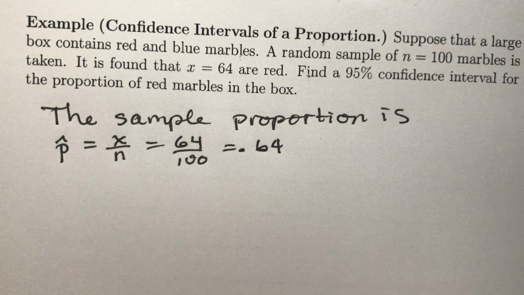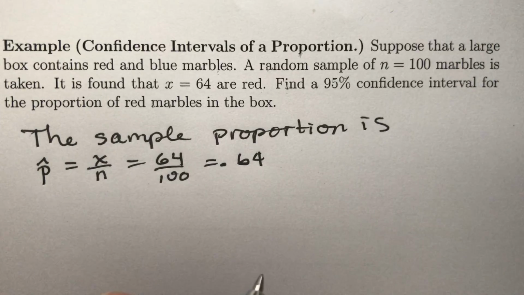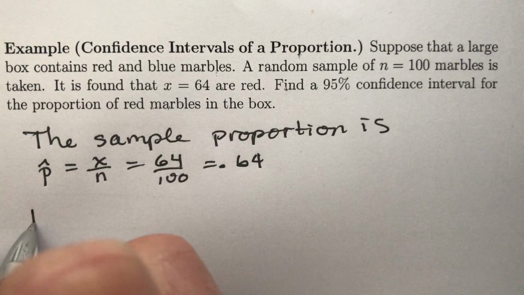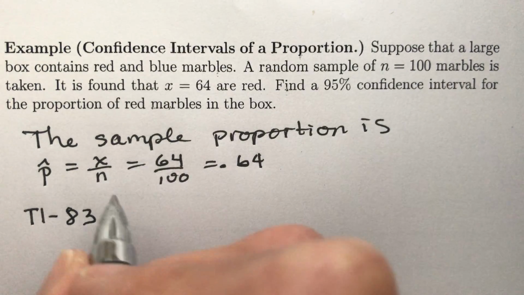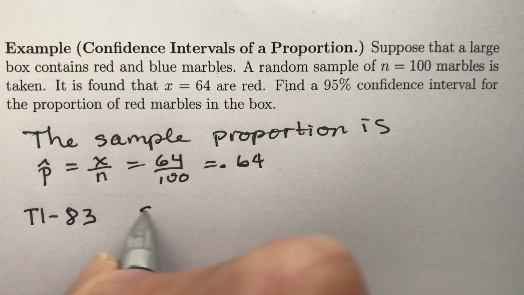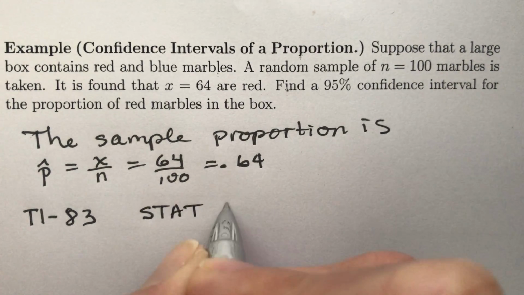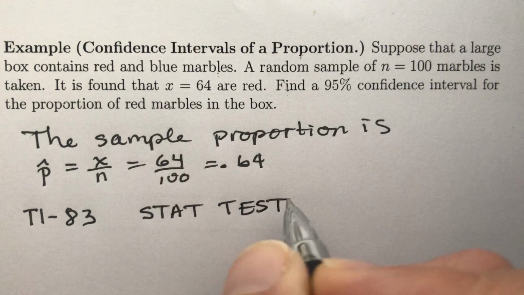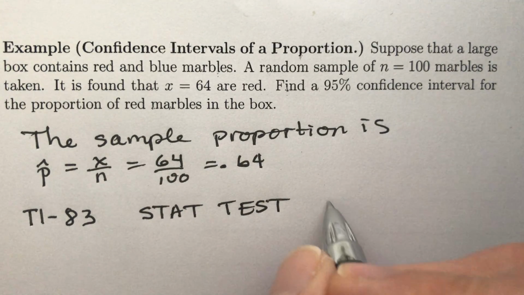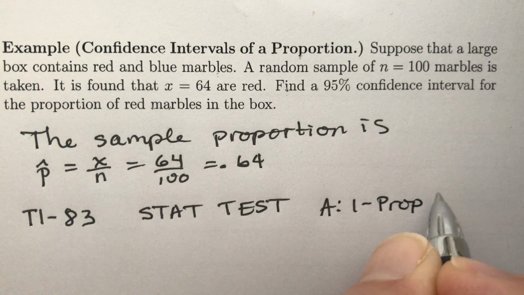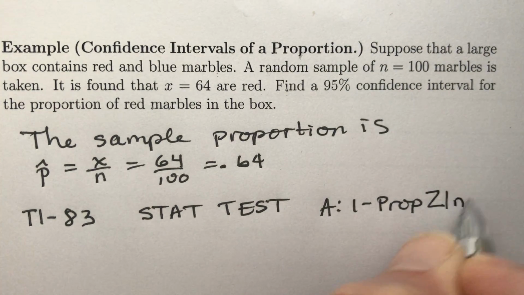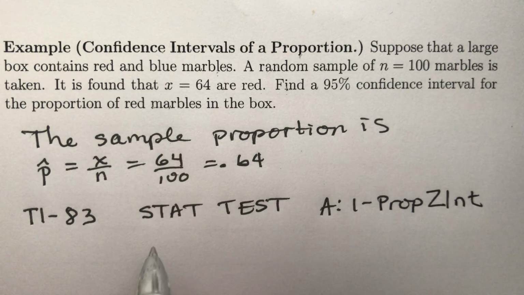So it's a quick way of doing this without as much explanation as I've done in other videos. I'm going to use the TI-83. So I'm going to press stat, test, and 1-PropZInt. Those are the keys you press.